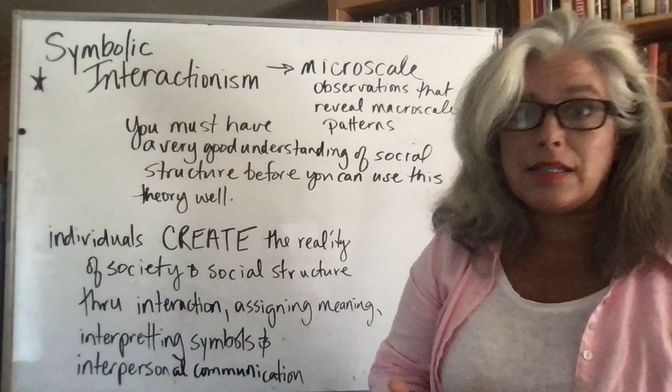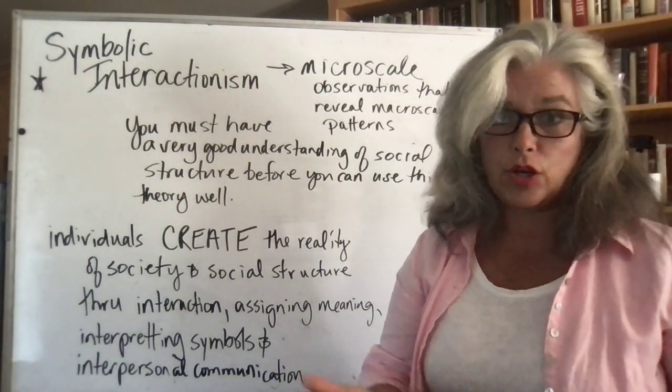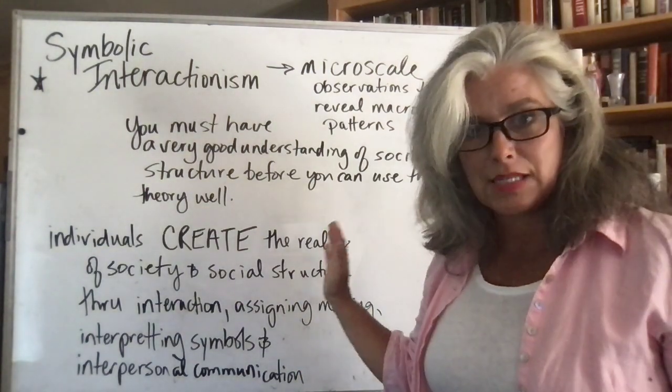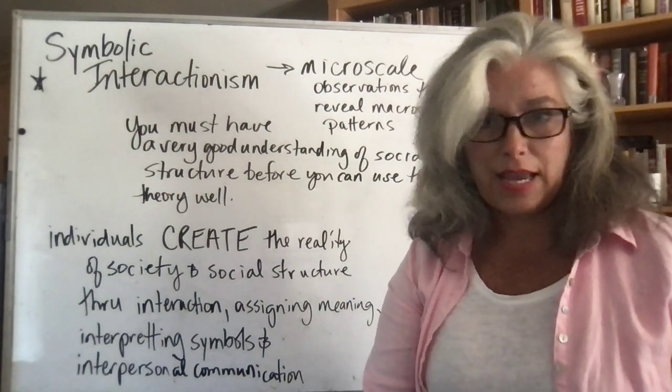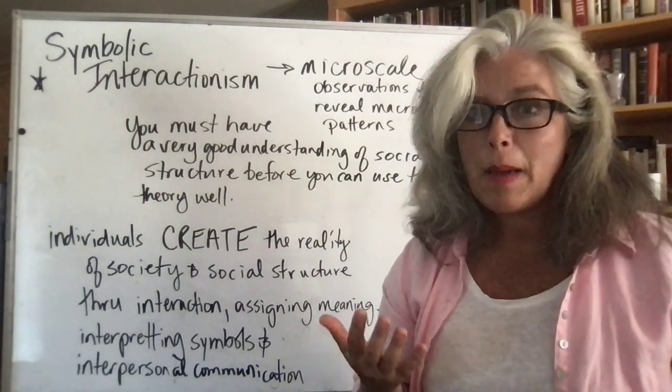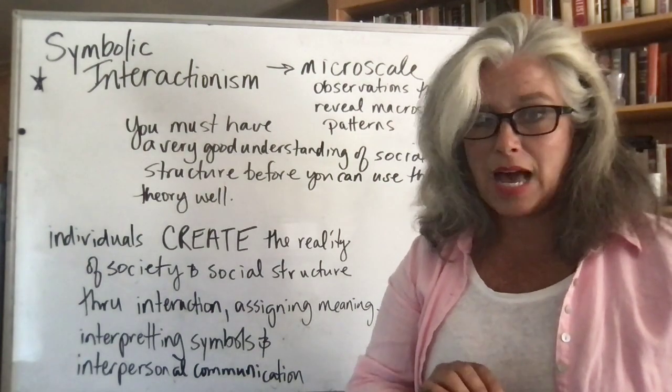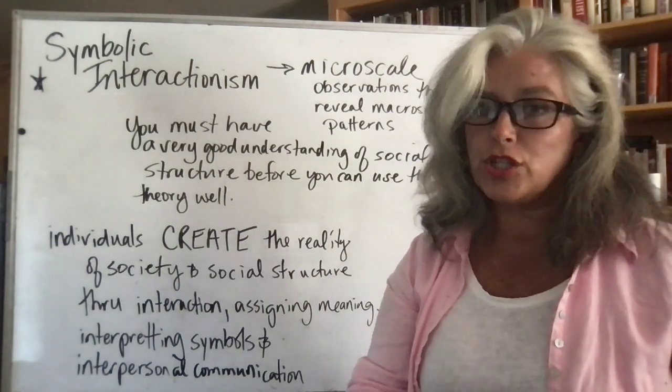At least it's fun to me, and a lot of people apparently agree, because they like to choose this theory. I give you the option of doing that, but I need to emphasize that it is the hardest one to do correctly.